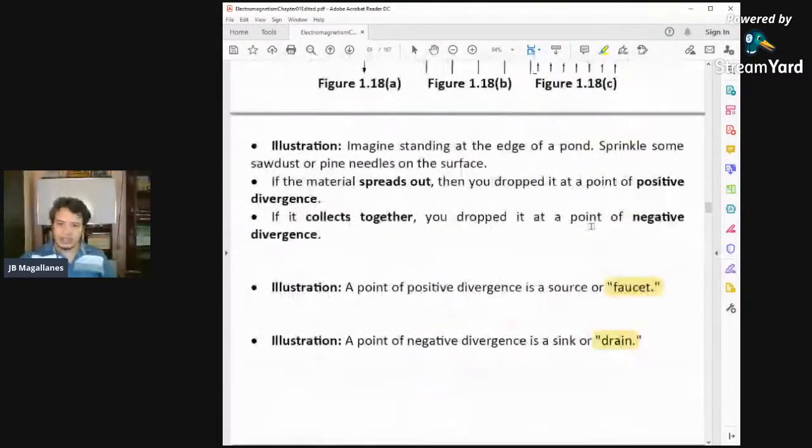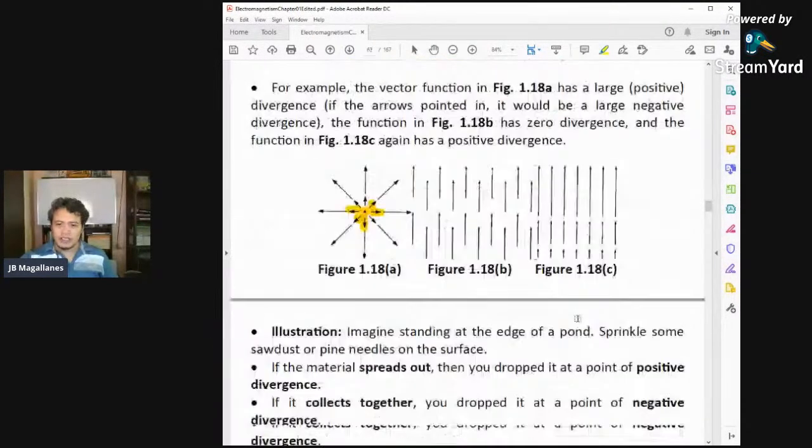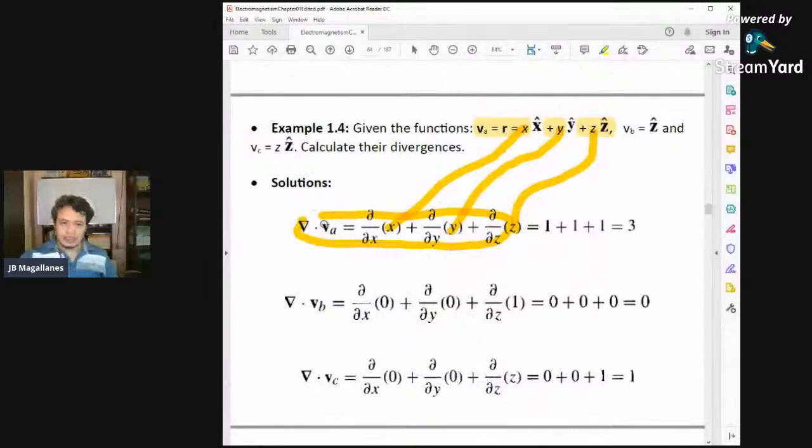Look at this expression. This is the definition of divergence. So the divergence of VA is equal to 3, because the partial derivative of x with respect to x is 1, of y with respect to y is 1, and of z with respect to z is 1.